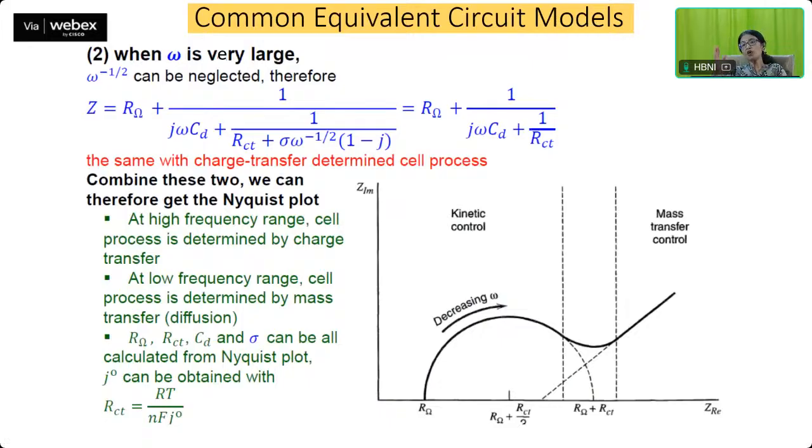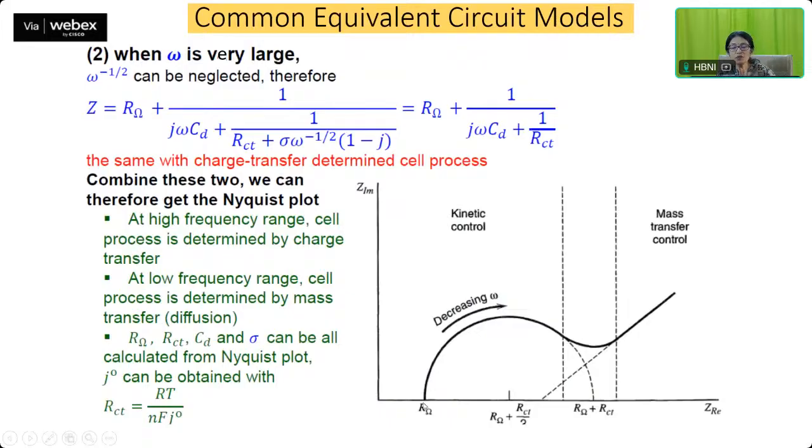That means when your frequency is low, you have a straight line. That is what you see over here. That is the Warburg impedance kind of line. Whereas when the frequency is very high, it is only charge transfer that is happening, so this looks just like the charge transfer plot.